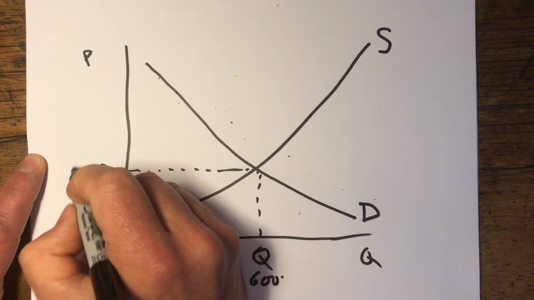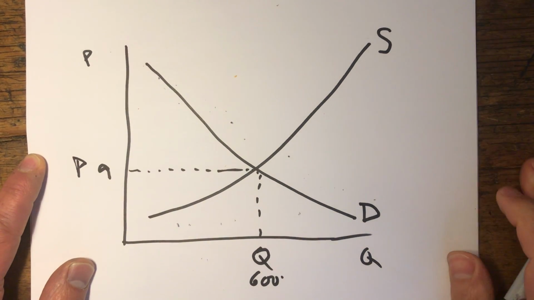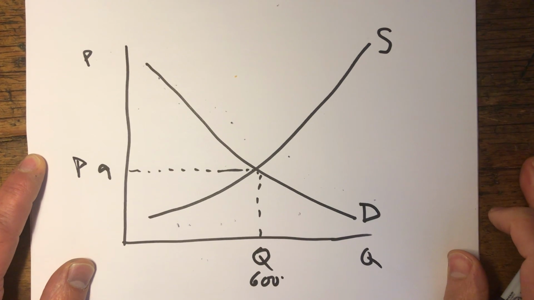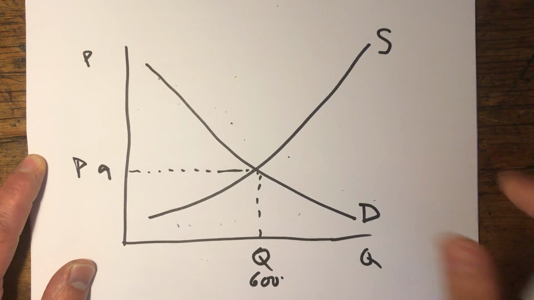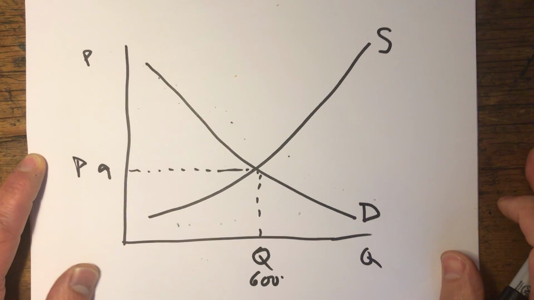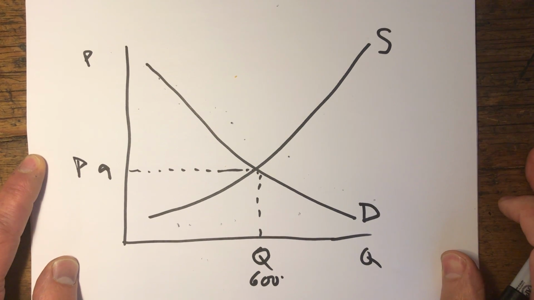And that's a price. So now we've got the beginnings of the basic concept, and if that's all you're looking for, the basic concept of how supply and demand curves work, you can stop right here.